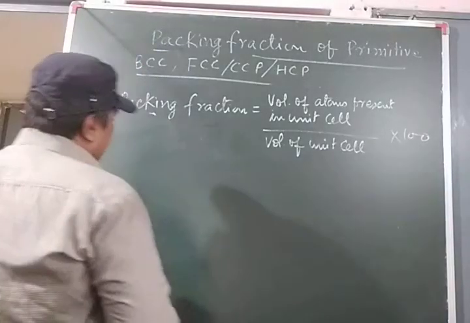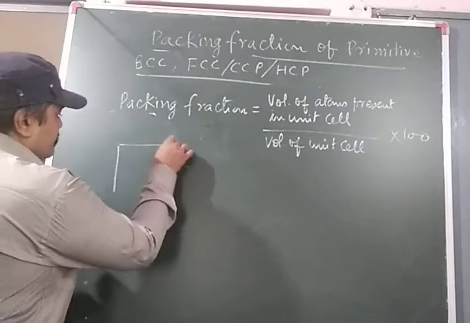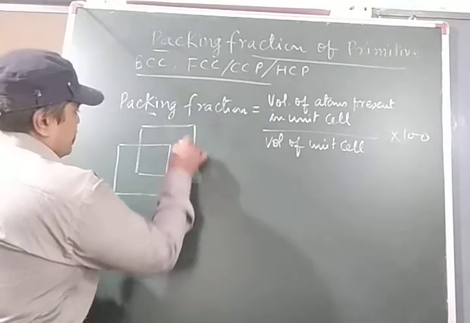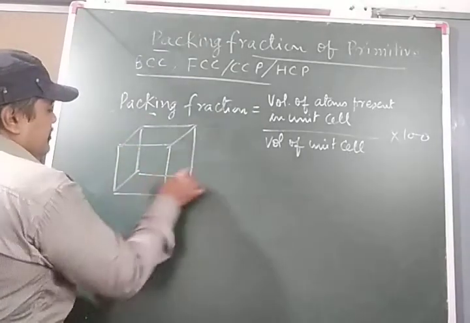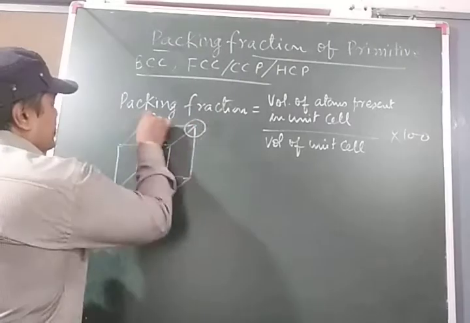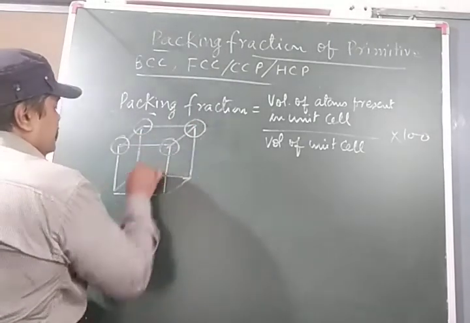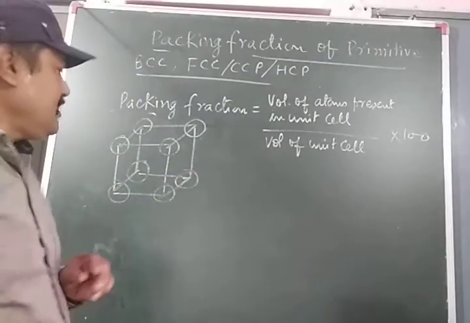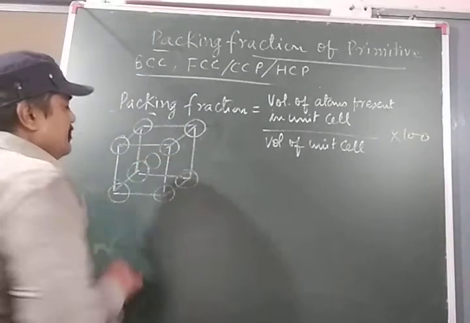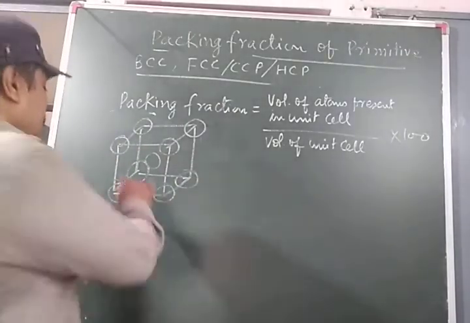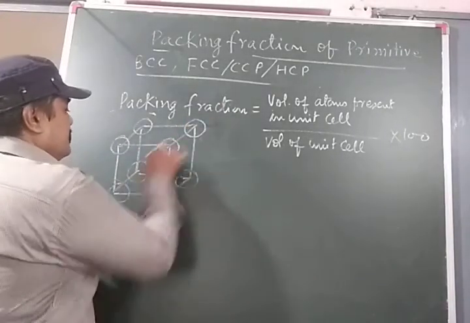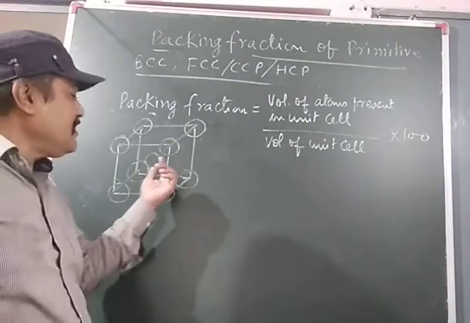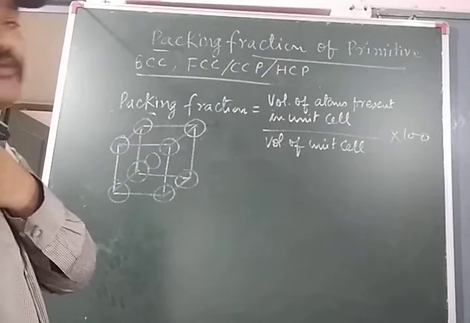So in case of BCC, the atoms are present at corners and one atom is present at the body center. Now look at the position. We are going to find out the relationship between the edge length and the radius of the atom.